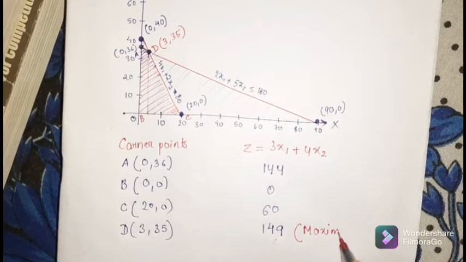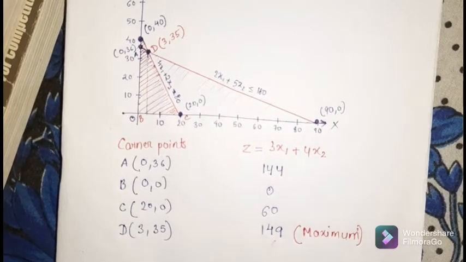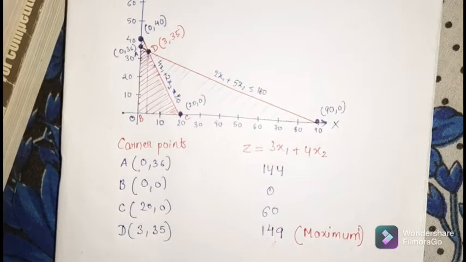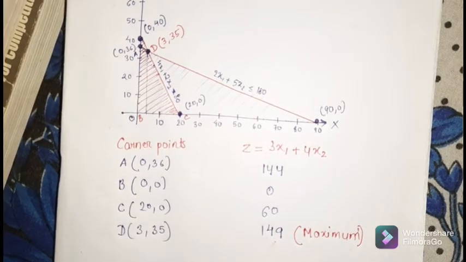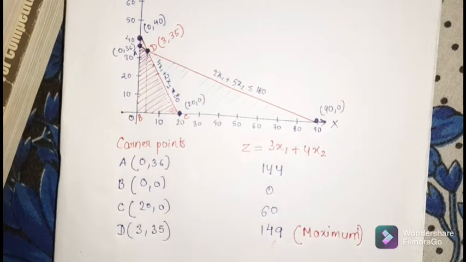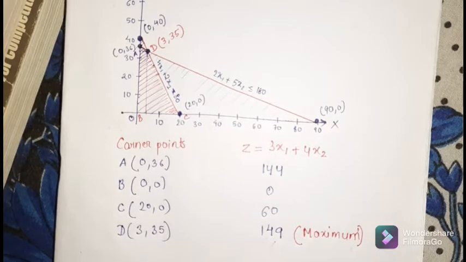This is the maximum. It means the maximum value of the objective function is 149 at x1 equals 3 and x2 equals 35.